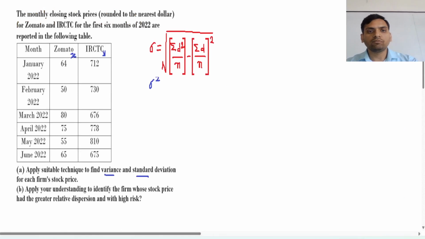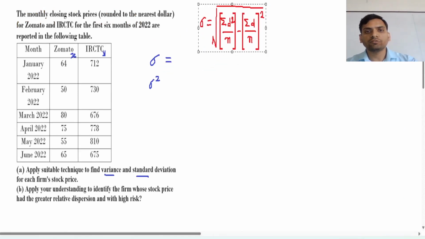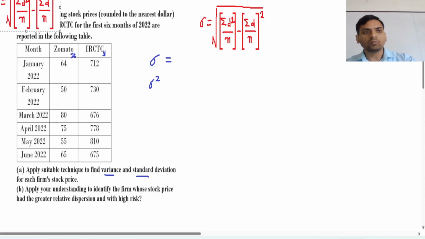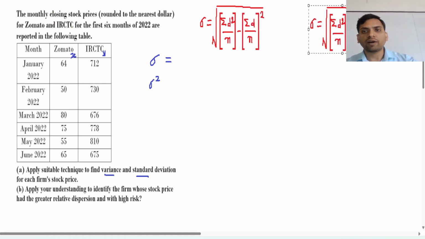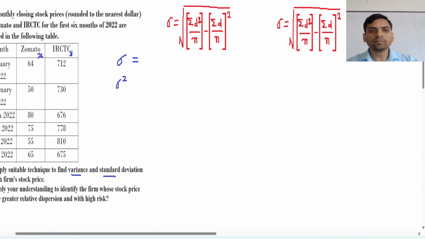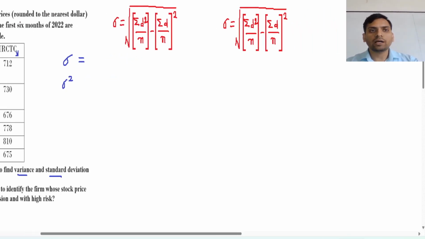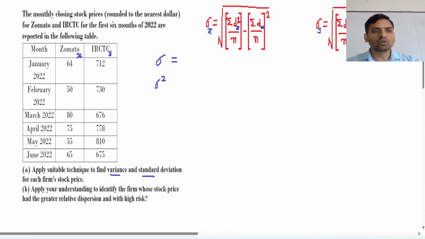So this formula for standard deviation of X and second formula for standard deviation of Y. So I can write this first formula as sigma X and this as sigma Y. That's why we can write this as sigma, square root of summation dx square, and this is summation dx, and this is summation dy and summation dy. So we will prepare two columns. First is for Zomato and second is for IRCTC.